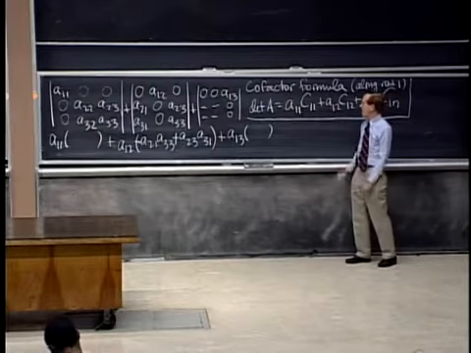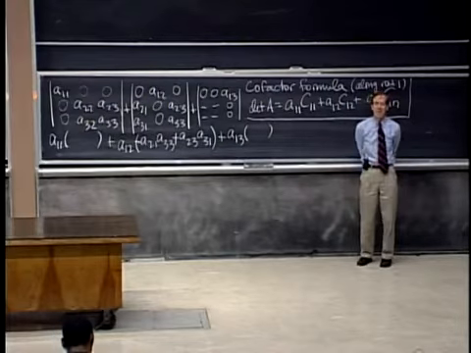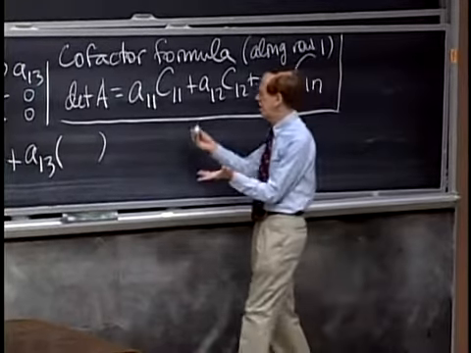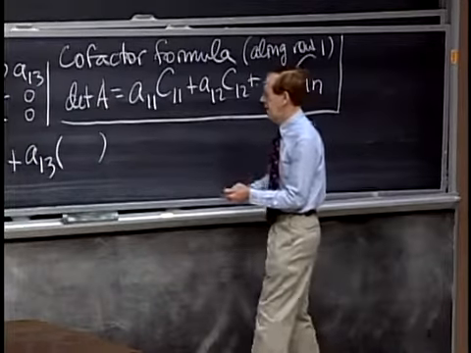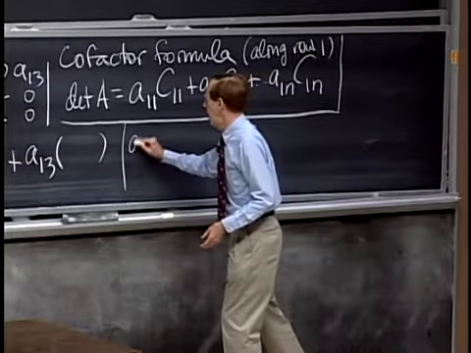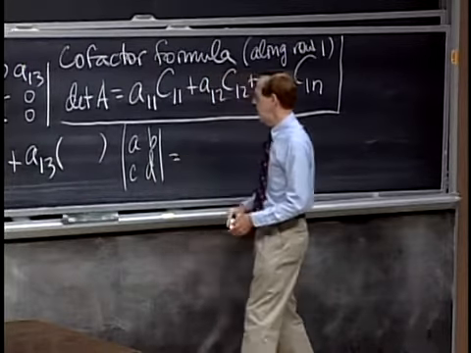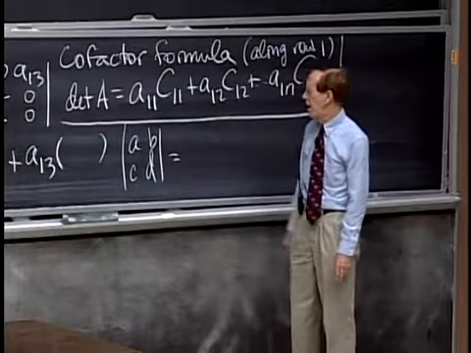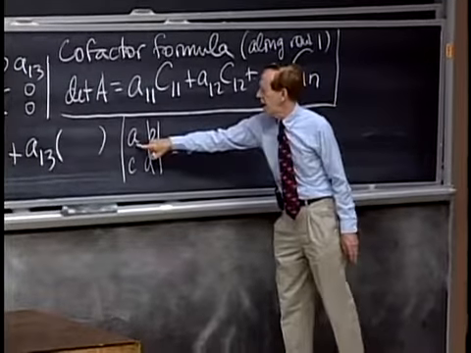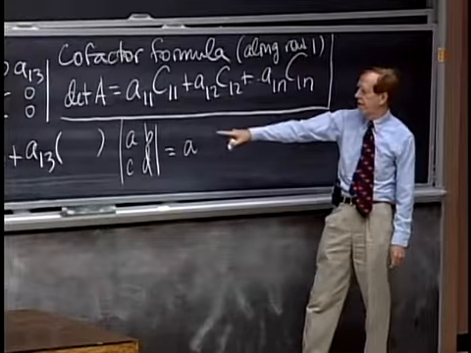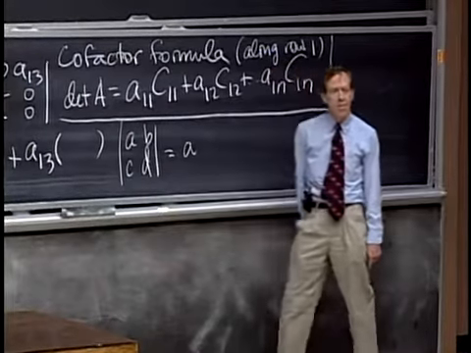So what's the cofactor formula for 2 by 2 matrices? Here's the world's smallest example, practically, of a cofactor formula. Let's go along row 1. I take this first guy times its cofactor. What's the cofactor of the 1,1 entry?